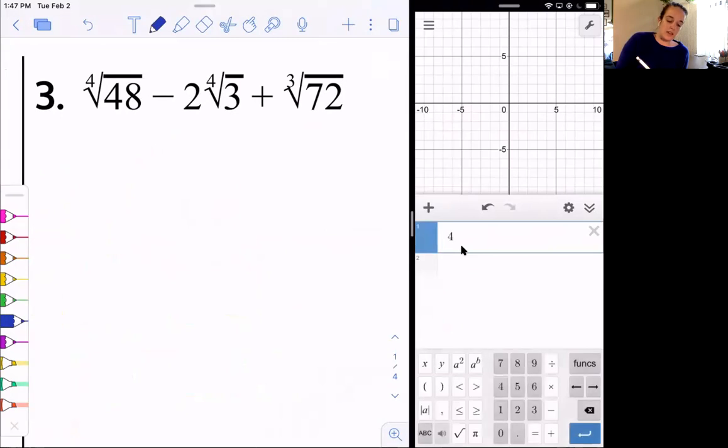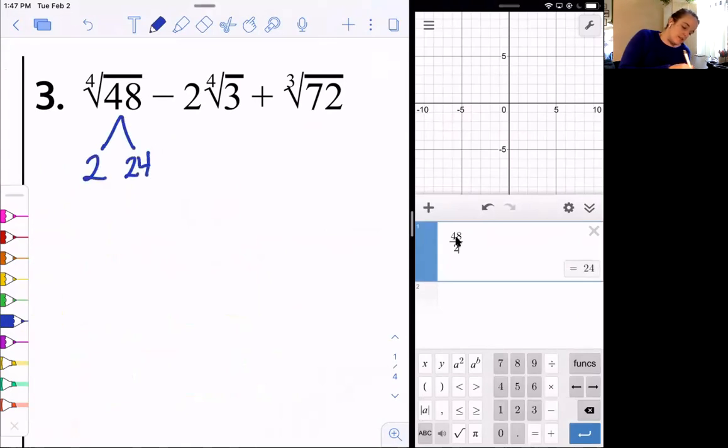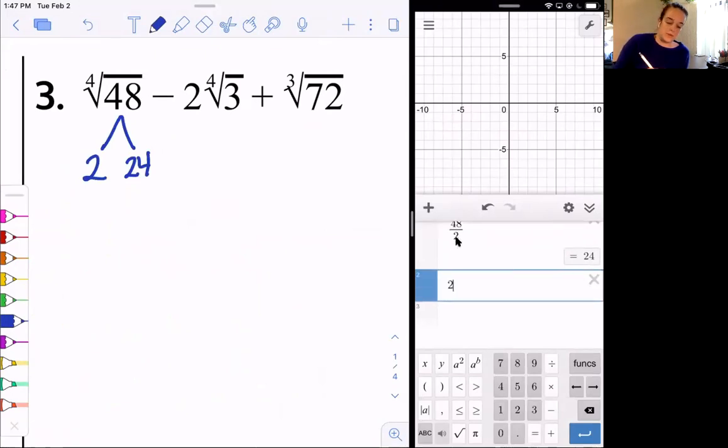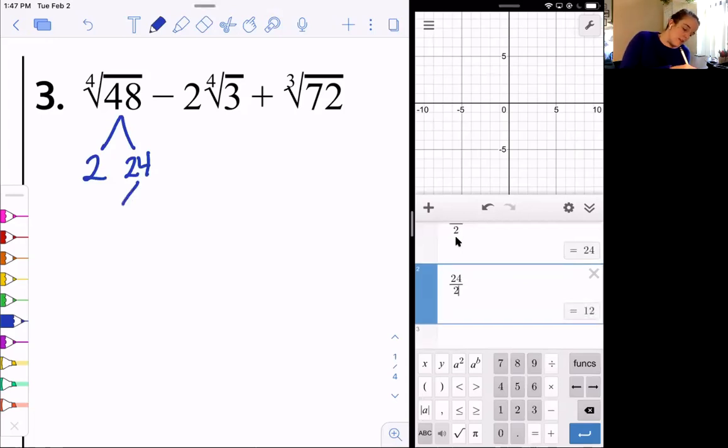So you might know it's 6 and 8, but if you didn't know that, you could just do 48 and divide it by 2. And you see that 2 times 24 gives you 48. So I'm going to go ahead and take 48 and break it into 2 and 24. Now, 24 is a pretty big number. I'm going to do 24 divided by 2. I get 12. Okay.